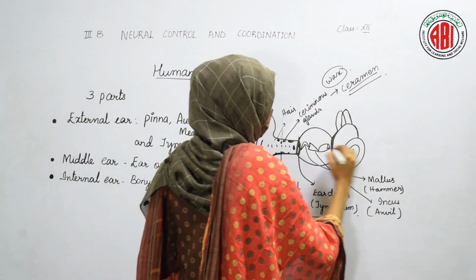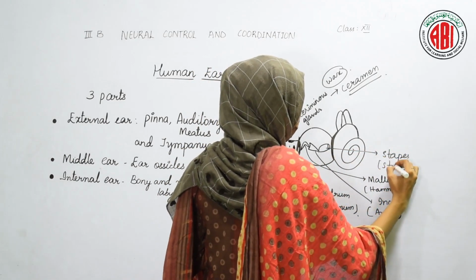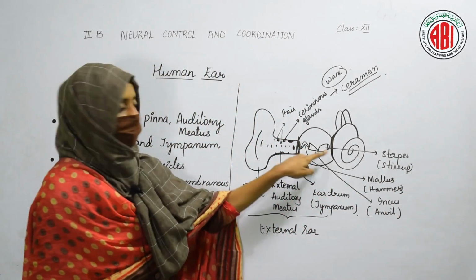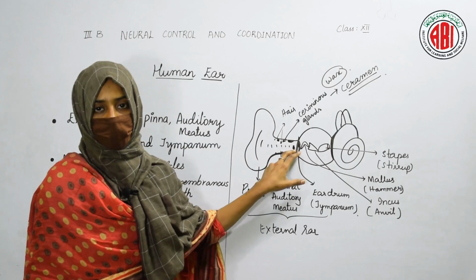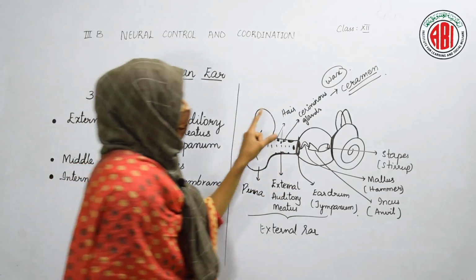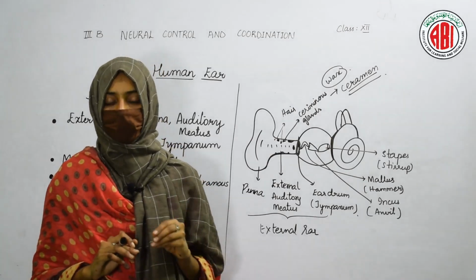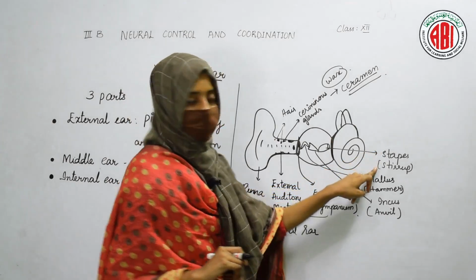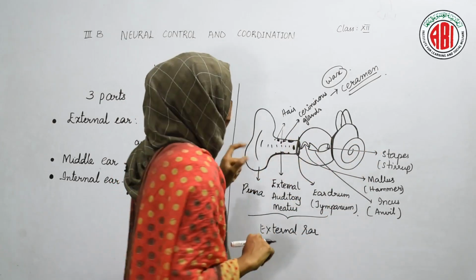And the third bone is stapes, which is also called stirrup. Malleus, incus and stapes: these three bones are found in the middle ear of a human being. And stapes is the smallest bone found in the human body. So this stirrup is found in the middle ear.